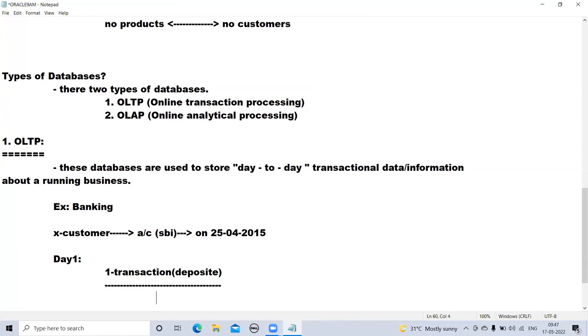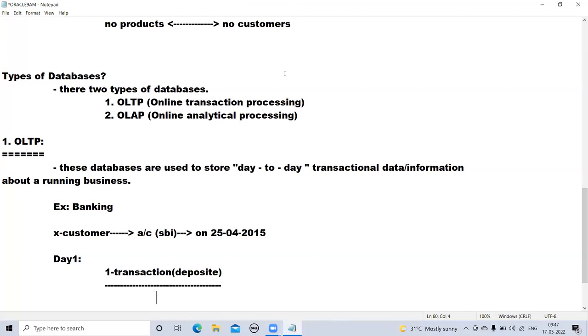Is it right, guys? Is it correct? When your transaction is a success, you will get a message. When your transaction fails, even then we get a message. Is it correct? Yes, definitely.